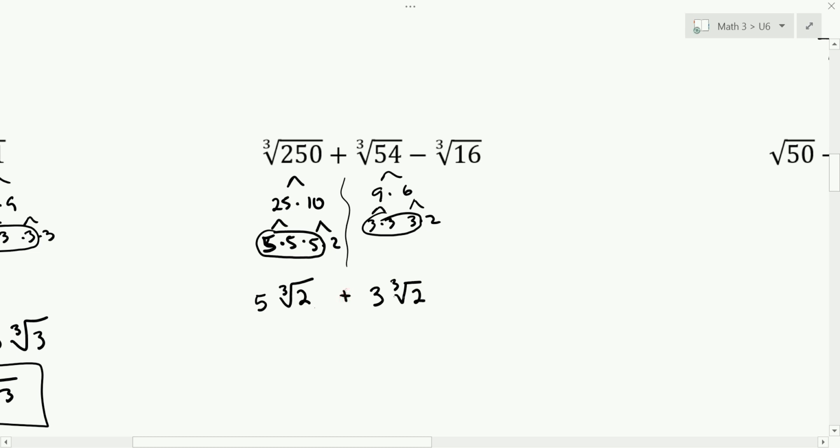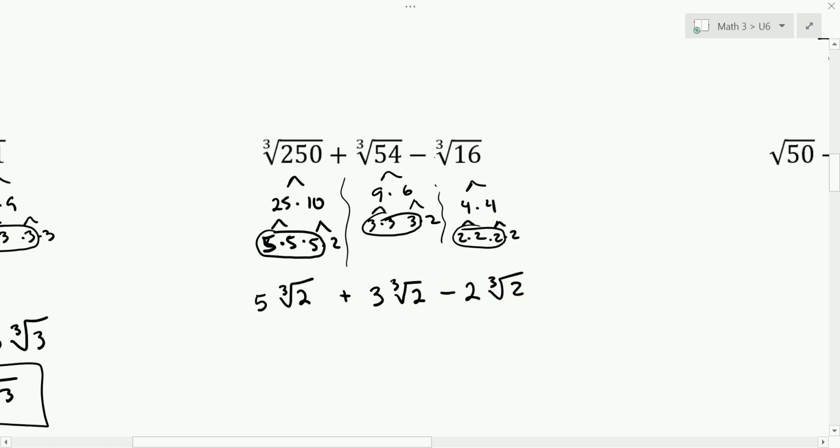And so we see that we're going to be able to add those first 2 terms because they both have a cube root 2. And then the third one, 16, break down to 4 times 4, 2 times 2. And we've got a set of 3 2's that we can take the cube root of and get 2 cube root 2.